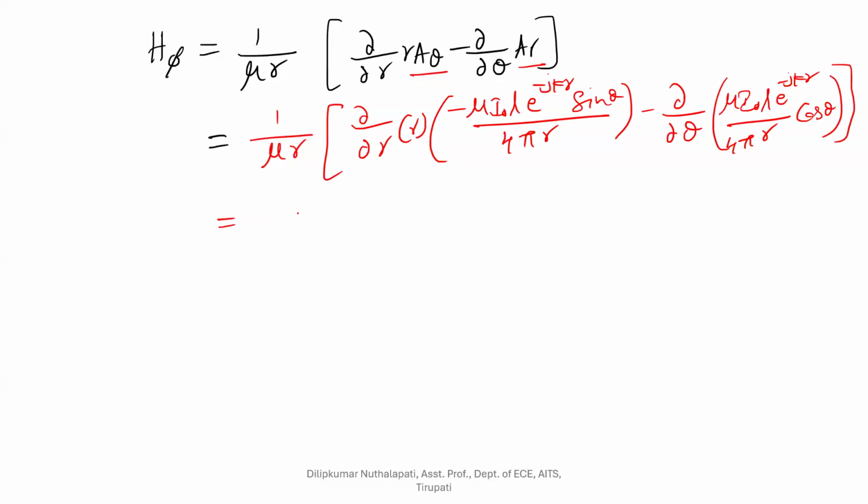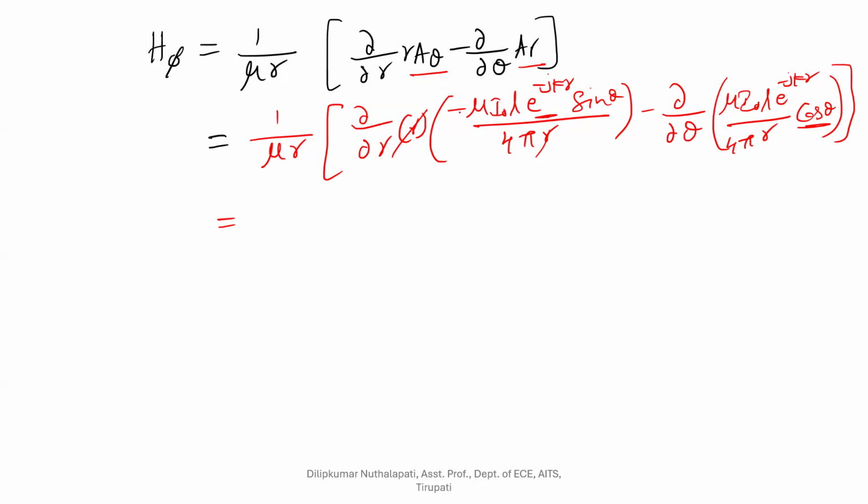So that is equal to, after evaluating certain terms, that is the differentiation. If we apply that in the first term, the dependent term is only e power minus jkr. In the second term, the only dependent term is cos theta. For this cos theta, if we apply differentiation, we get minus sine theta. So that minus will be reflected and the term will return plus. And here e power minus jkr reflects the terms e power minus jkr into minus jkr.